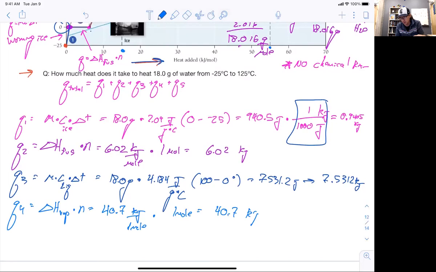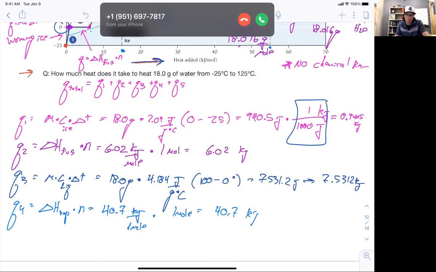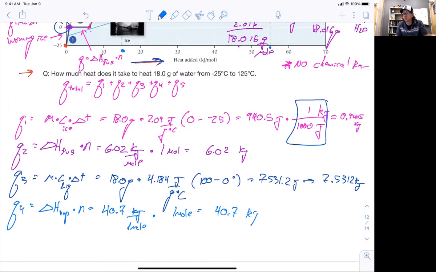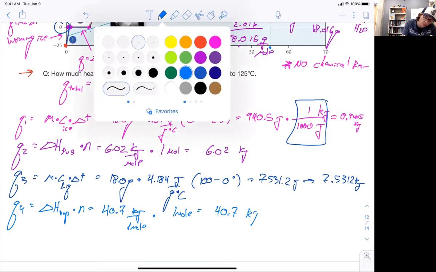If it was something like 72 grams, we would have had to convert that 72 grams to moles, and then we would have used that number for n. So moles is the amount of the sample that you're working with. And again, we just happen to be working with 1 mole in this scenario.